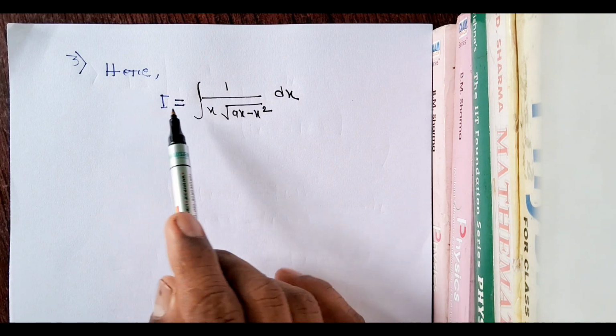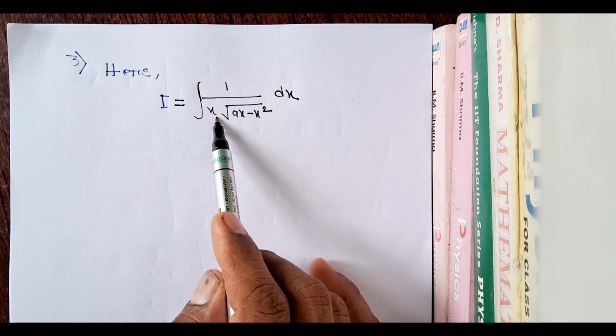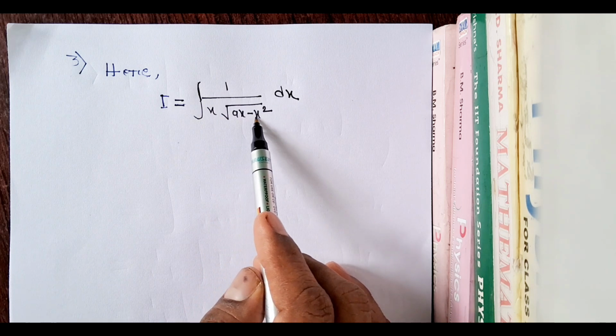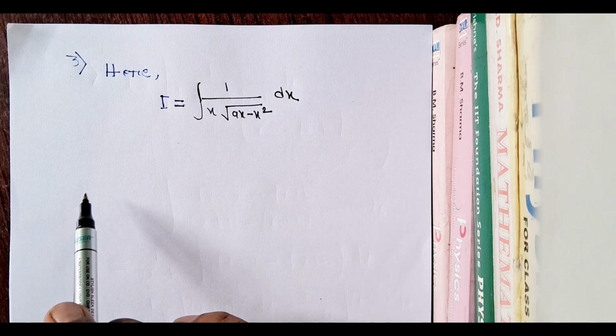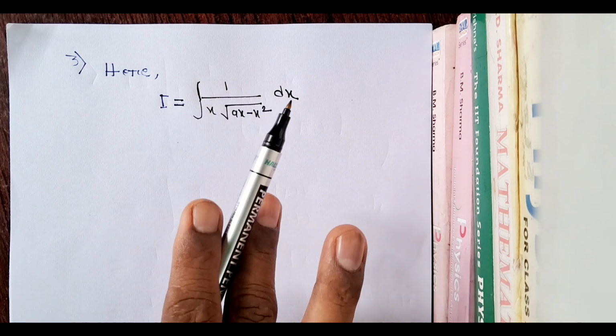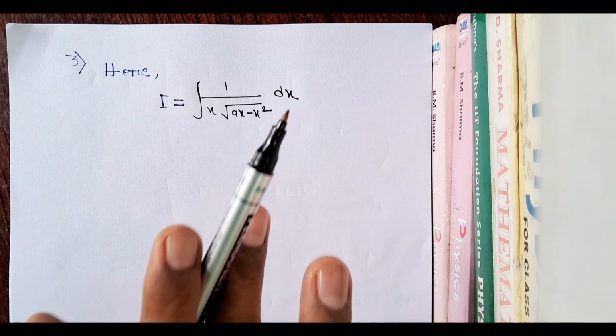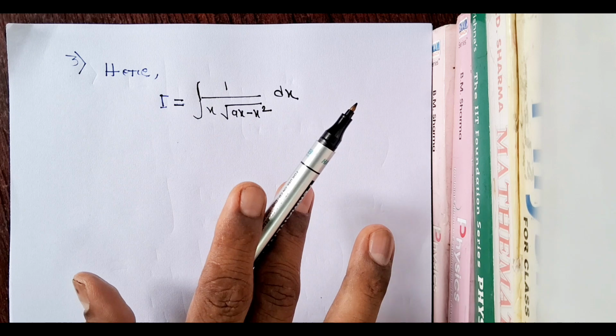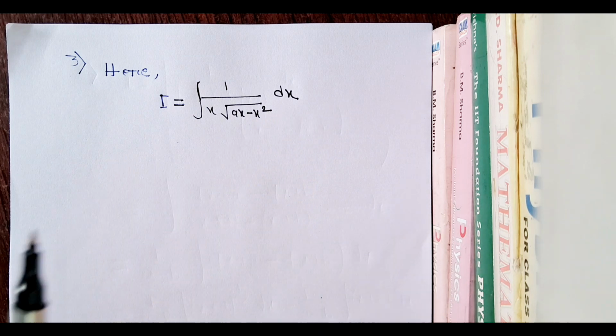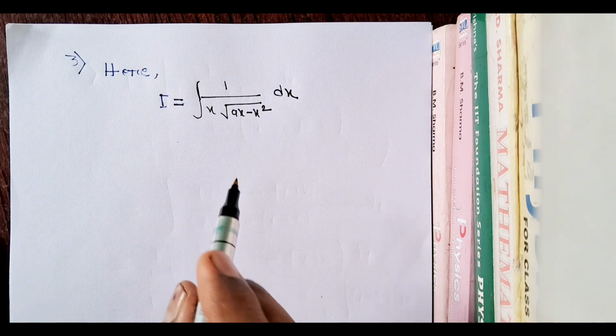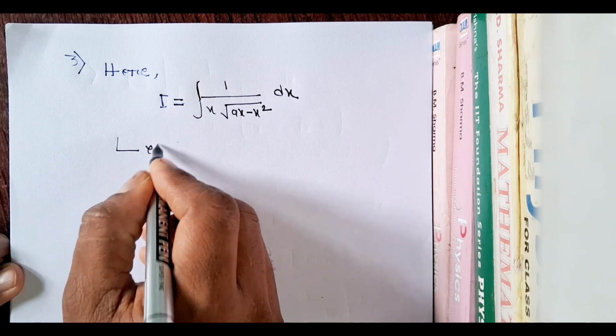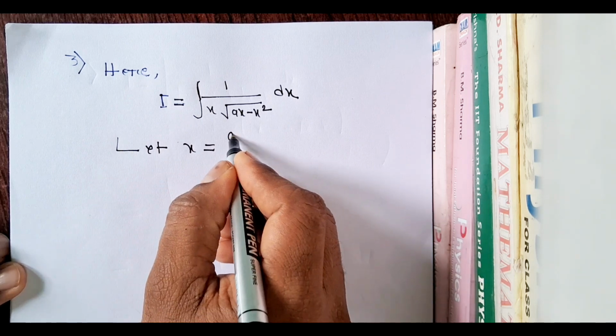In question number 3, I equals the integration of 1 by x times the square root of ax minus x squared, dx. Now it's not matching any standard integrals. Here is a special kind of substitution: let x equal a by t.